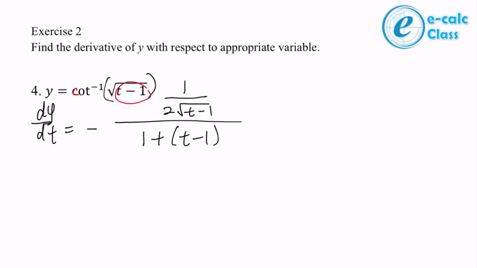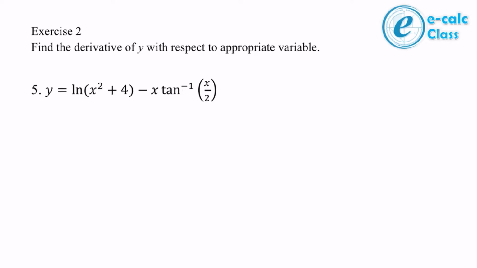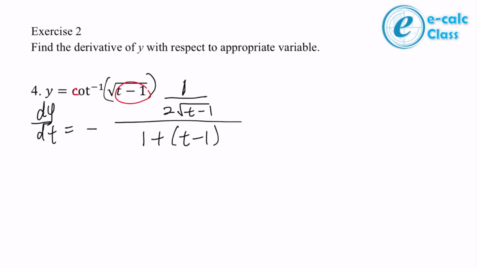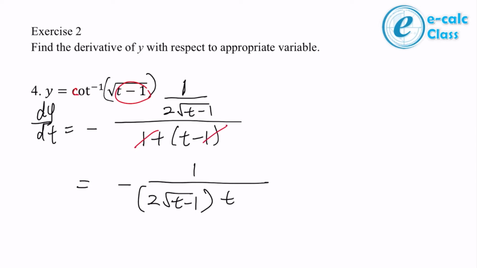Differentiate this, just 1. Okay? Then simplify. Negative 1 over 2 times sec t minus 1. This and that can cancel, times t. And rearrange it nicely. t minus 1, finish. Okay? You see, it's actually very easy with the help of the chain rule.